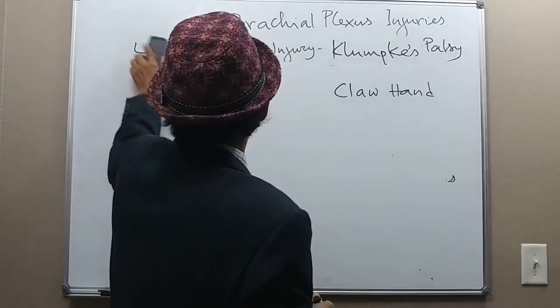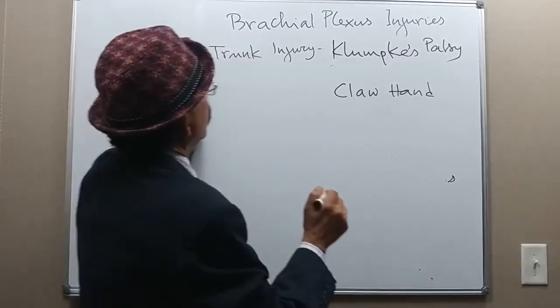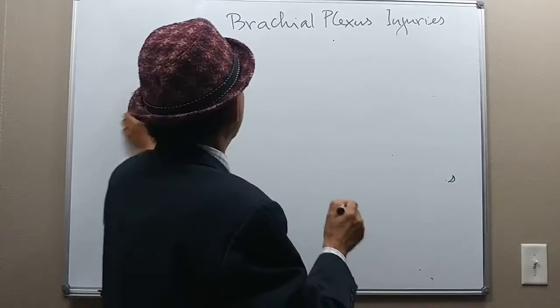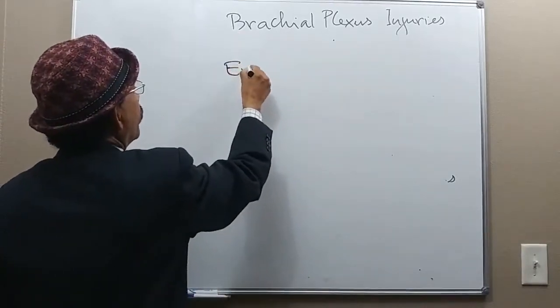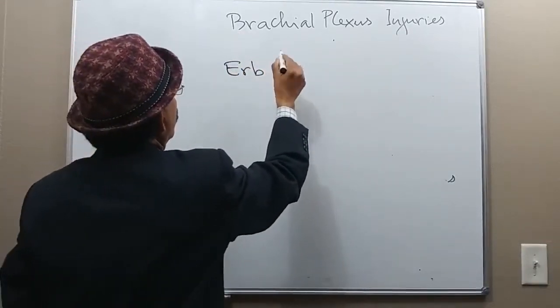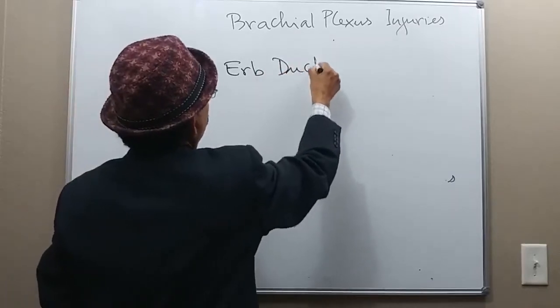What type of injury happens in upper trunk palsy or Erb-Duchenne palsy?